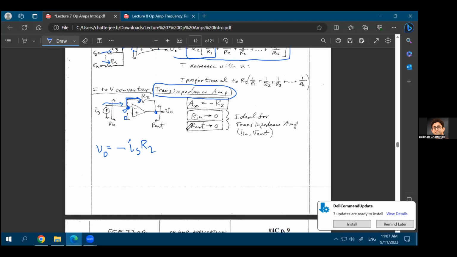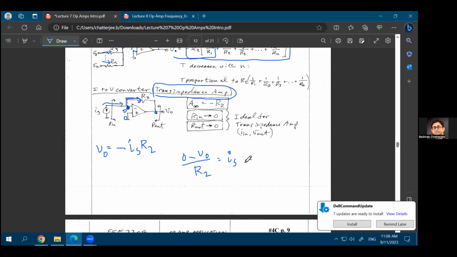Why are you saying that? Because this point's voltage is 0, this point's voltage is V0. So I'm writing the voltage division 0 minus V0, and I'm dividing that voltage difference with the resistance R2. That would give you the current, right? So this is your current IS that is flowing through R2. So again, just applying Ohm's law, nothing else.